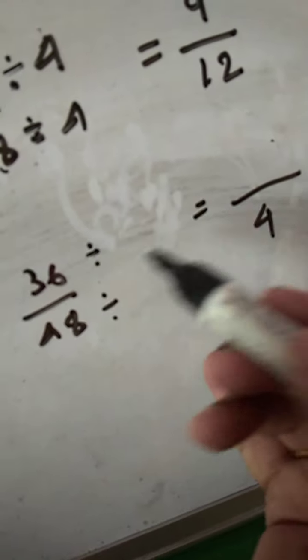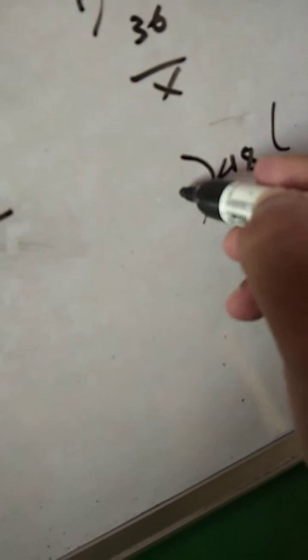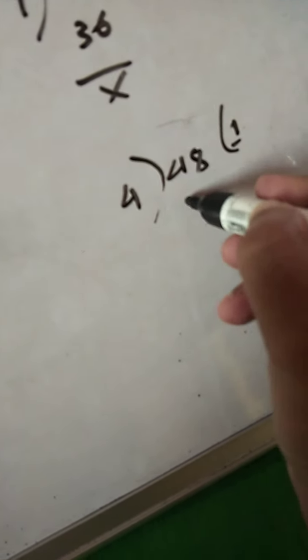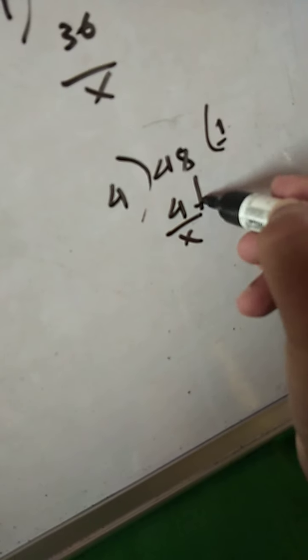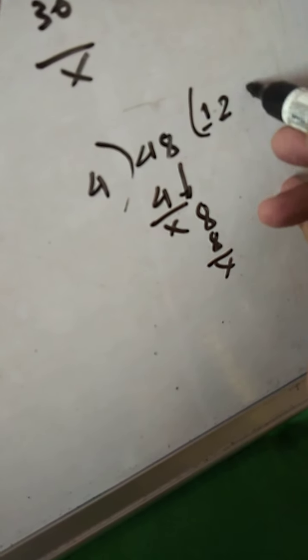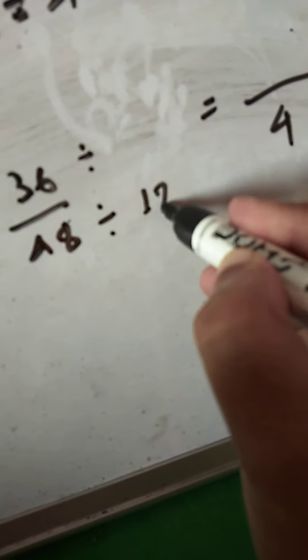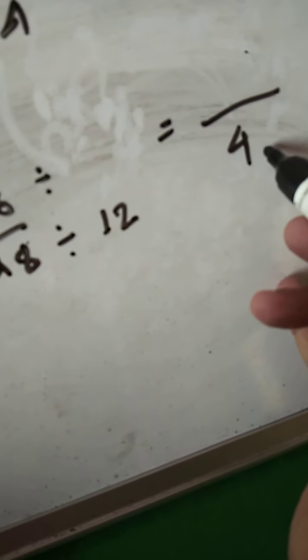Now, suppose you are confused and do not know the number. So, again, what you will do? 48 divided by 4. So, we will write 48 divided by 4. 4 ones are 4. Now, you will bring this 8 down. So, 4 twos are 8. Now, what is the required answer? 12. That means you have to divide 48 by 12 so that you will get the denominator as 4.